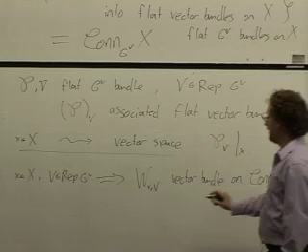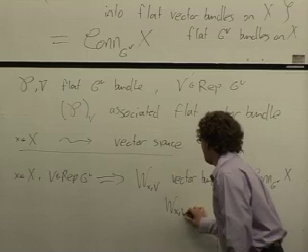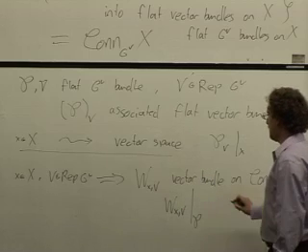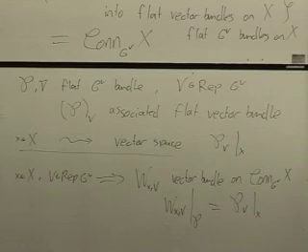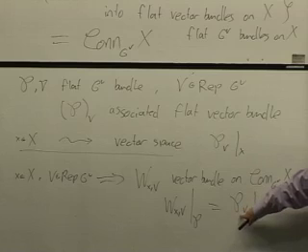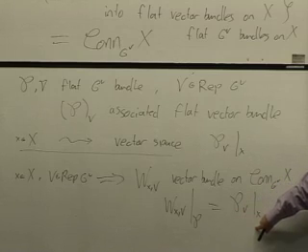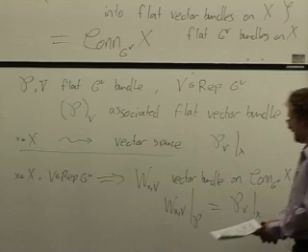And what is this vector bundle? Its fiber at a particular bundle is the vector space I had before. Its fiber is given by: take your connection, take its associated vector bundle, take its fiber at that point. That's a vector space.